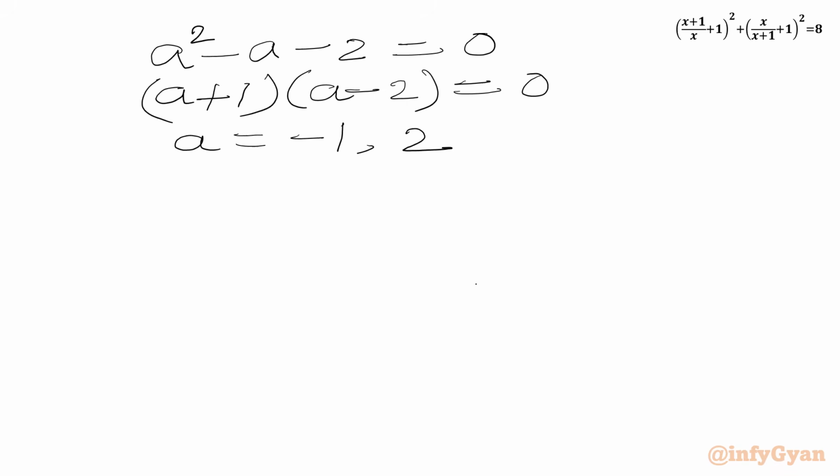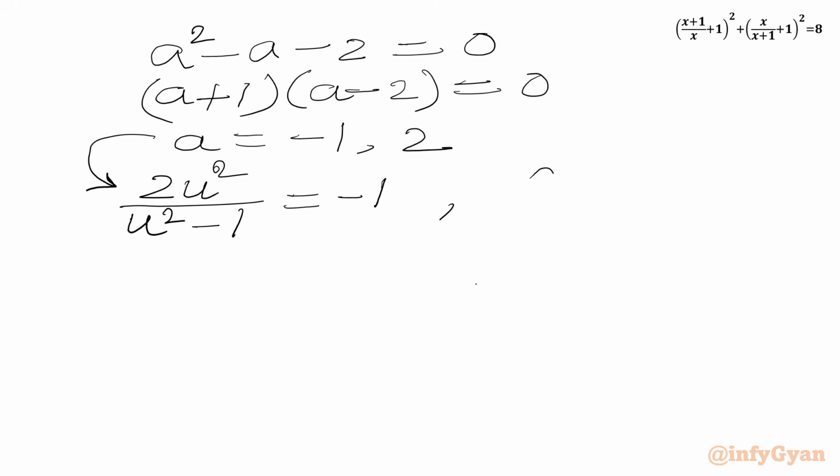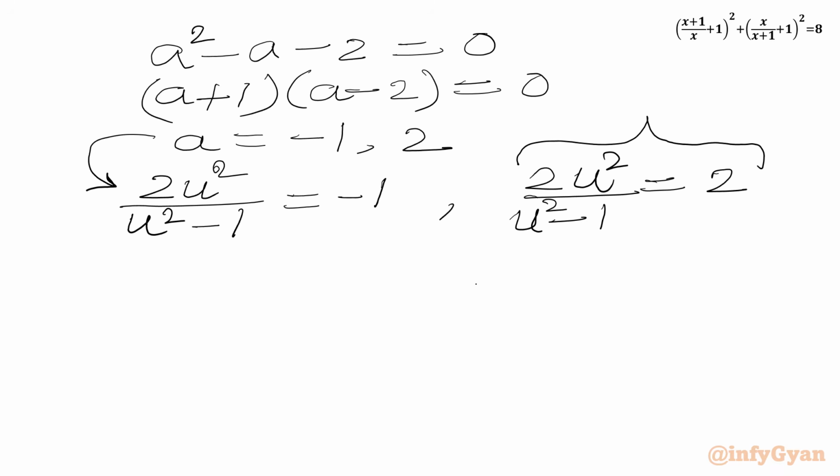Now a was our substitution, 2u square over (u square minus 1). This was a equal to minus 1. Similarly, I will write 2u square over (u square minus 1) equal to 2. Let's solve second equation first.